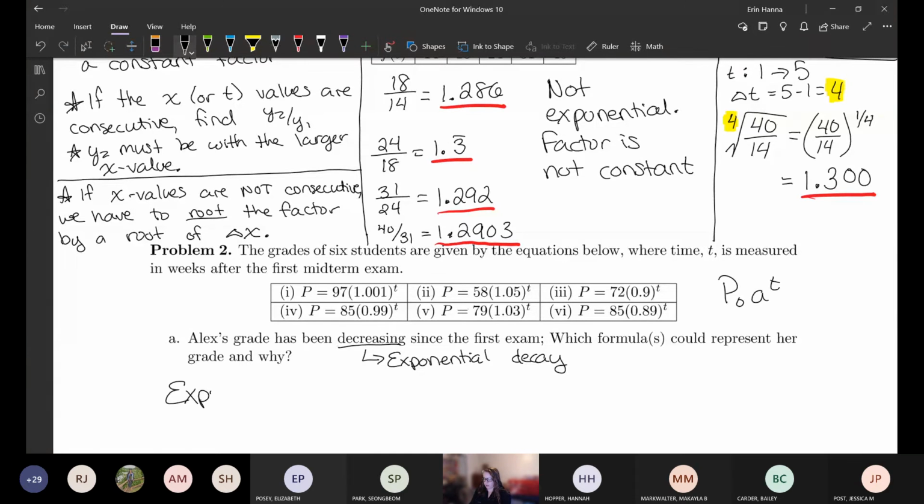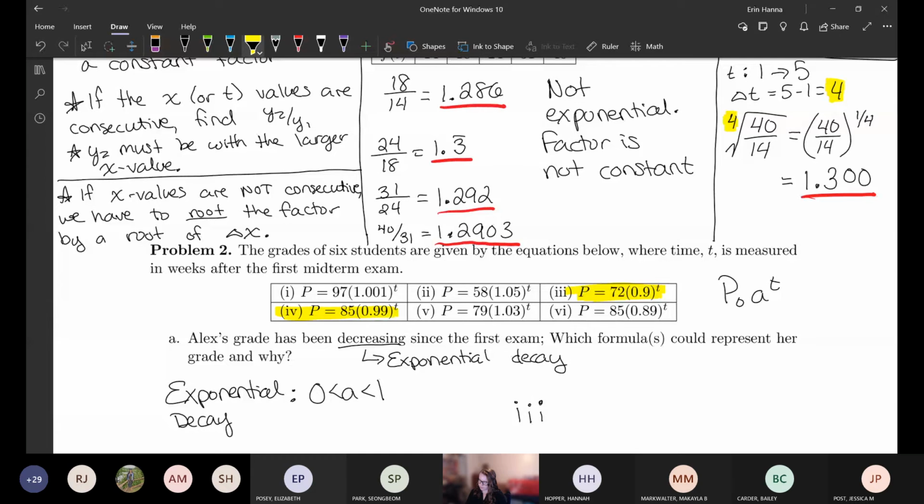So exponential decay is when our a value is less than 1 but greater than 0. Essentially we're going to list all of the formulas that have an a value less than 1. In this case that would be the third one, 72 times 0.9 to the t.